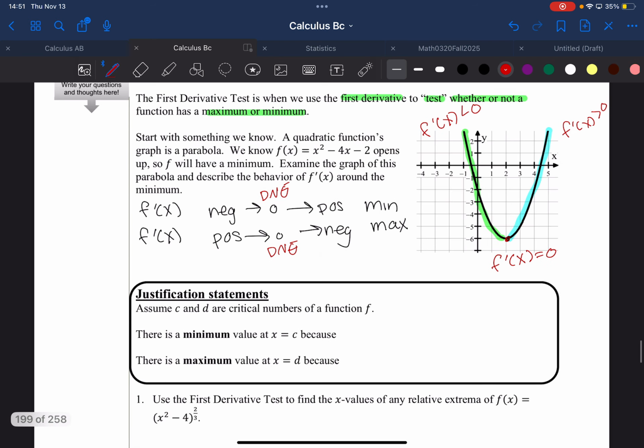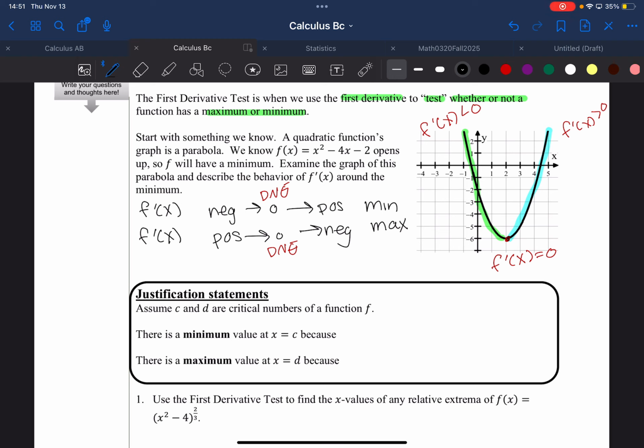Okay. So when you're asked to justify your answer, so let's say they say find the minimum or maximum value and then give a justification, you're going to mention how the sign of the derivative changes. So in this example, it says assume c and d are critical numbers of the function f.